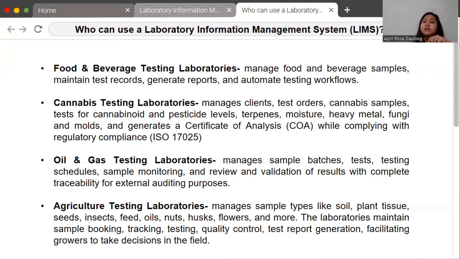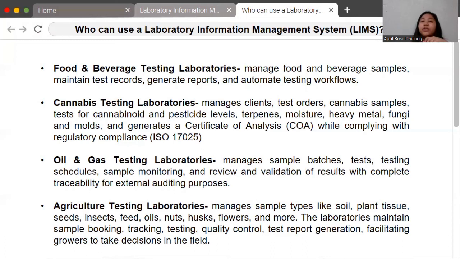So for the fourth one, cannabis testing laboratory. So say gamit aning LIMS sa cannabis testing laboratories. So it manages clients, tests orders, cannabis samples, tests for cannabinoid and pesticides levels, terpenes, moisture, heavy metal, fungi and molds, and generates a certificate of analysis while complying with regulatory compliance.